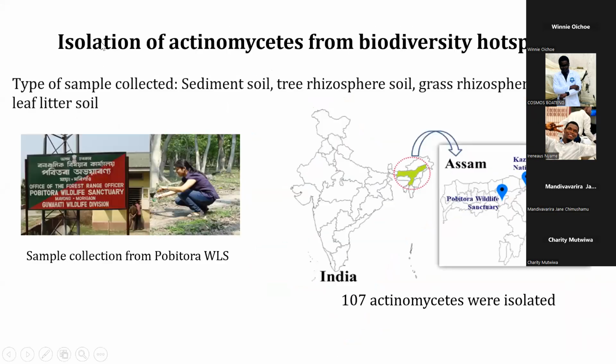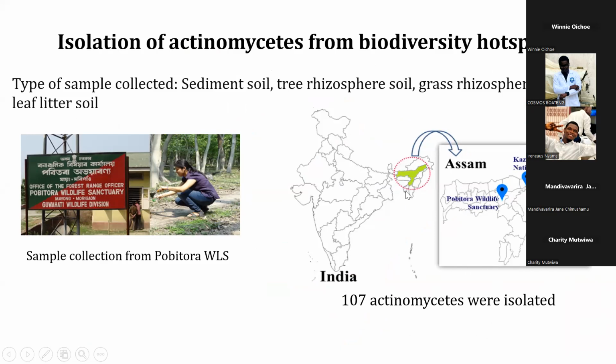So coming to the isolation of actinomycetes from the forest. I have collected the soil sample from the Pobitora Wildlife Sanctuary, which is present in Assam. During my PhD, I isolated 107 actinomycetes from this part.